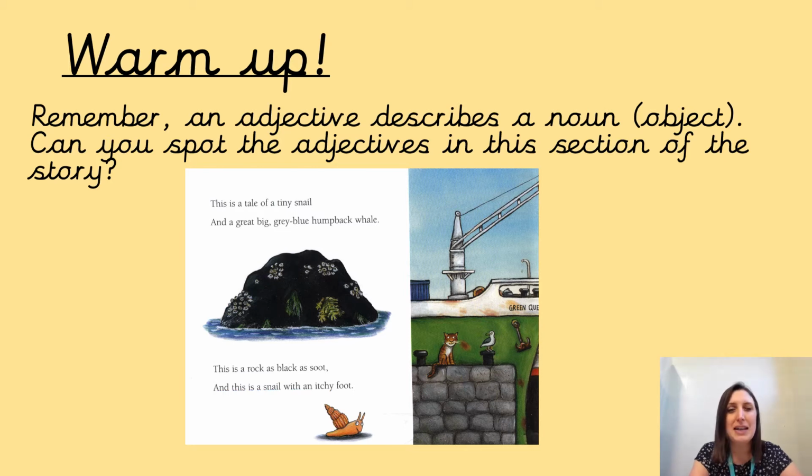Right, let's get started. This is your warm-up, like we've been doing every single day. This time it's a bit different, because before I was asking you to put on your detective glasses, rewrite the sentence and spot the mistake, but this time you are going to do a reading activity and spot the adjectives. Remember, an adjective describes an object, which is called a noun.